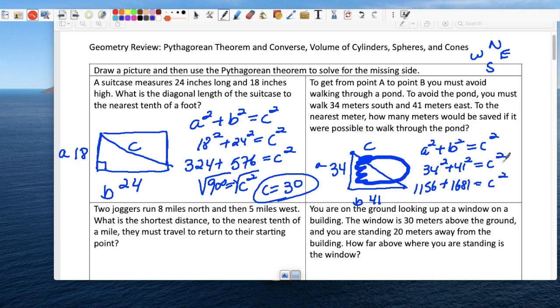Add them both up, we get 2,837. Take the square root of both sides, and what did they say? To the nearest whole meter. So the answer is 53.26, etc. So to the nearest whole meter, it'd be 53 meters if you could walk across water.